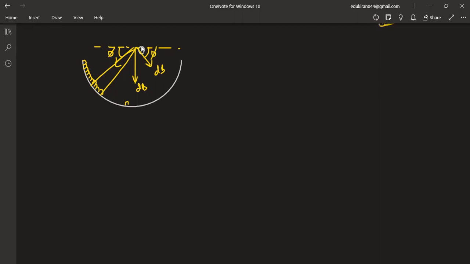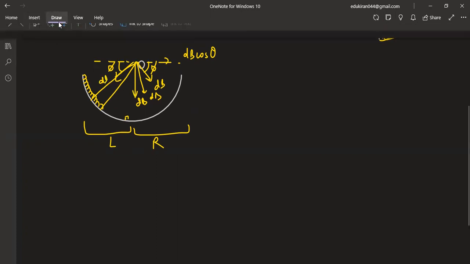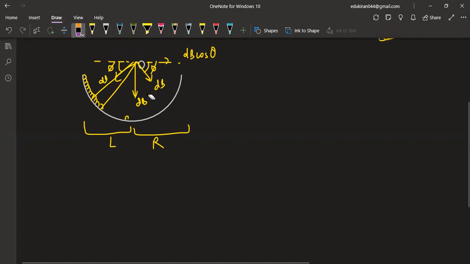Now see, if you resolve it, dB cos theta for all the portions of magnetic field. Let me divide this semicircle into two parts. This is the right part, this is the left. For all the right portion, this will be dB cos theta. I don't want to draw so many because the main thing will not be visible then.